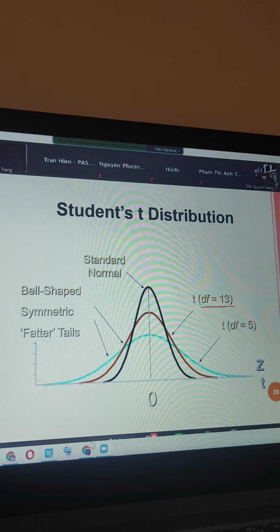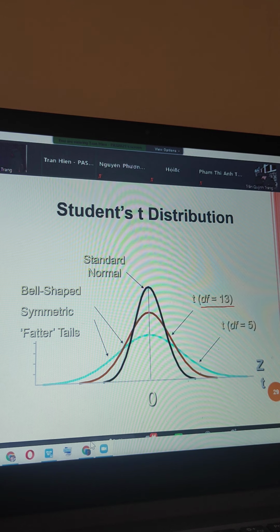Okay. So note also the mean of the T distribution is 0. And see that when the degrees of freedom increase, the shape comes close to the standard normal.